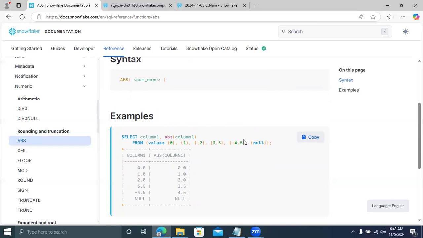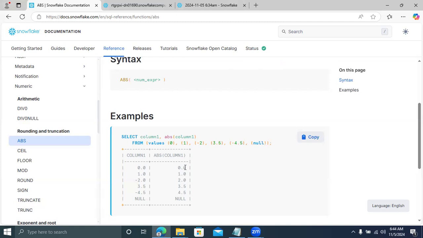I have only one column, column 1, and I'm using this column in the absolute value function. 0.0 is going to be 0.0, 1.0 is going to be 1.0, -2.0 is converted to 2.0. See, all negative values convert into positive values. This is nothing but the absolute function.